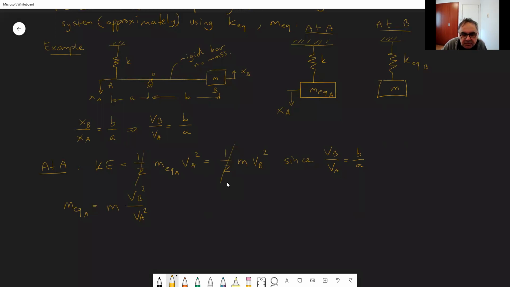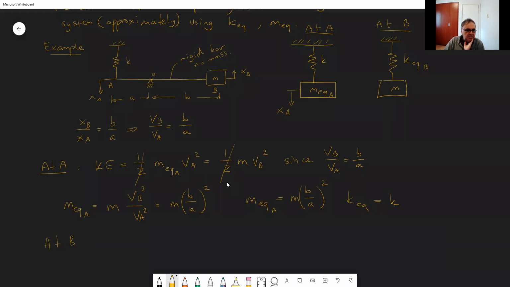And VB over VA squared is B over A squared, so M B over A squared. So the equivalent mass at A is M. And the equivalent K, as you see here, is K, as I have shown here.